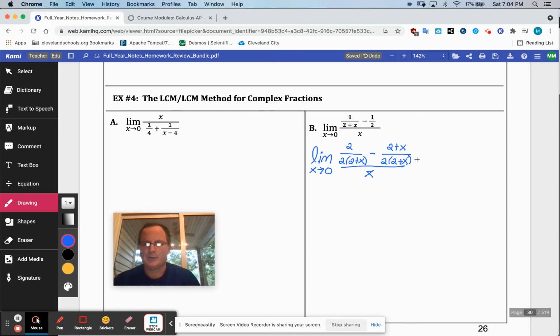So that's equal to the limit as x approaches 0 of, still got the x on the bottom, and now this becomes one single fraction.